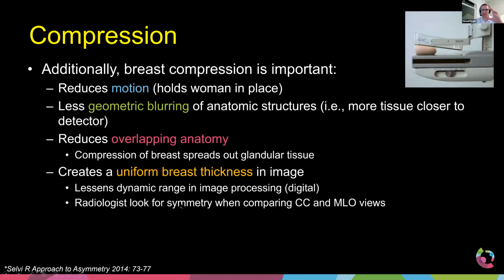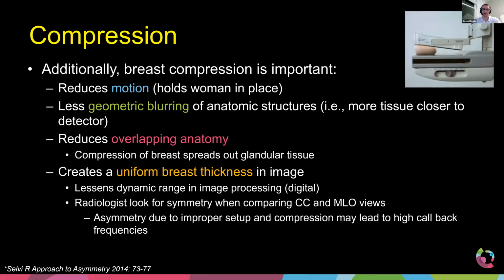When you do a two view, you've got the craniocaudal left and right. If one's not compressed the same, you're going to get asymmetry in the actual look of the breast, and the same with the MLO.